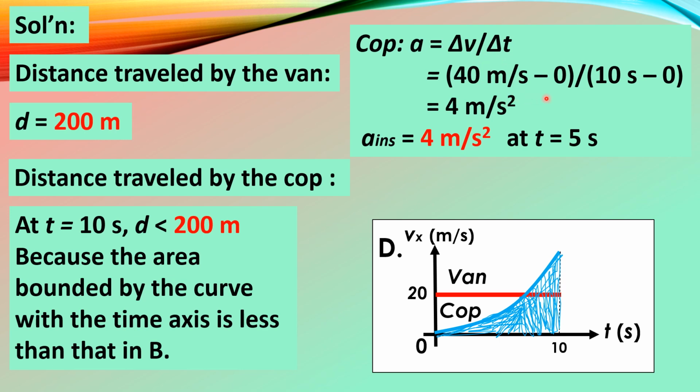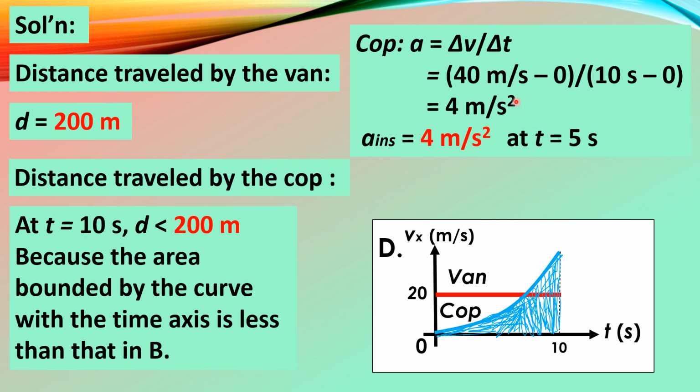But since it is not a straight diagonal line, this suggests that the acceleration of the motorcycle from the very start, time equals 0, until 10 seconds is in fact increasing.